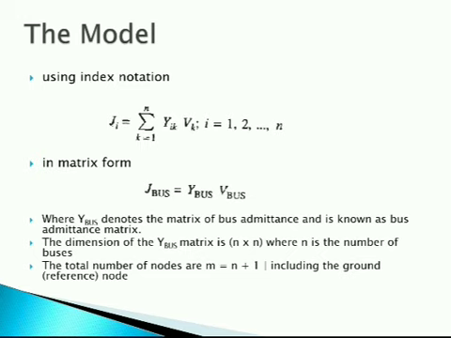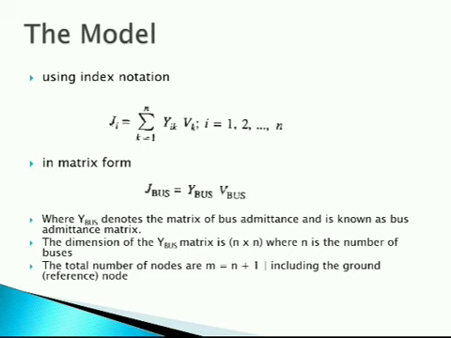Now we'll talk about the model. Using the notation, we can write the model as Ji equal to sigma Yik into Vk, where i goes from 1 to n and the range of k is from 1 to n. Now what do we mean by this?